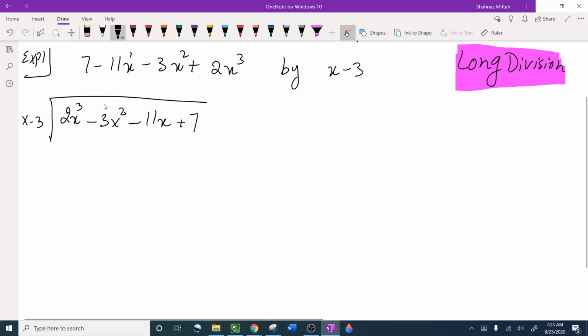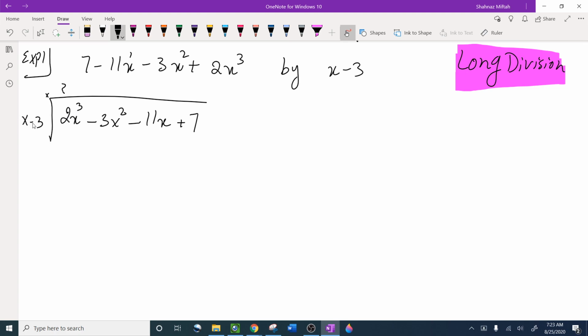In this case, what are you going to do? You have to look for something here that I can multiply with this x, and I can get 2x cubed. So what should I multiply and put it up here with the x, so I can get 2x cubed. This is a first term and this is also a first term.